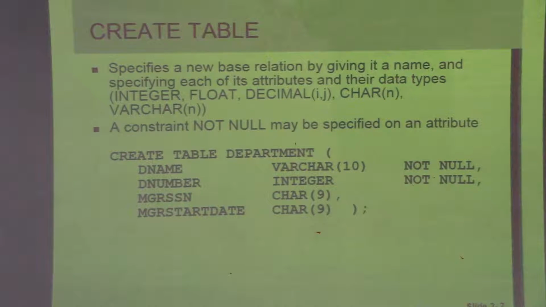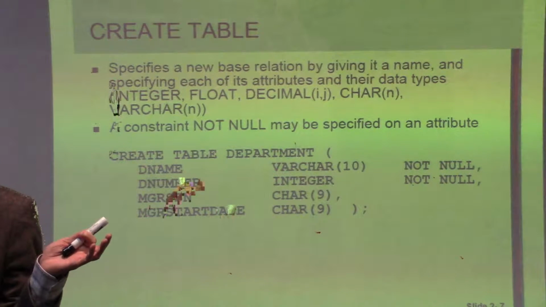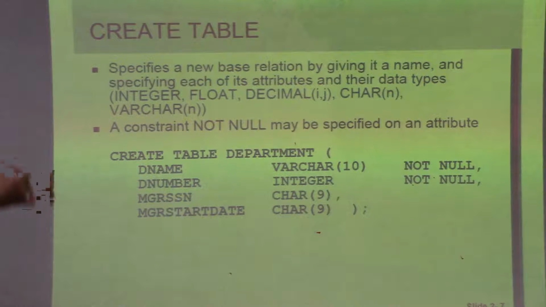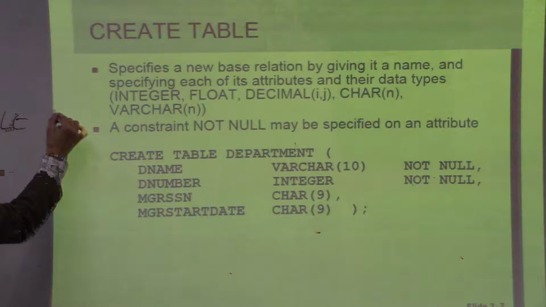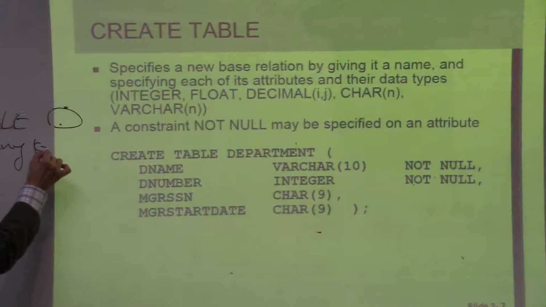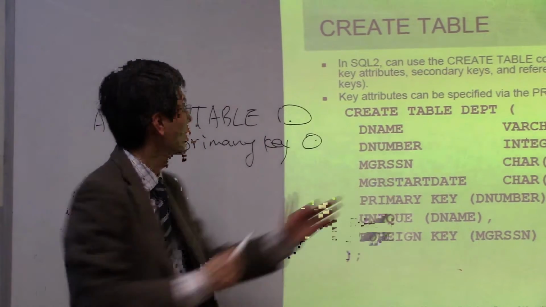Later, if we want to add the primary key, how can you add it? At that time, we can modify the table. Unfortunately, we do not use modify or update. Instead, we can use alter table, table name, then add primary key, and the primary key syntax is like this one.